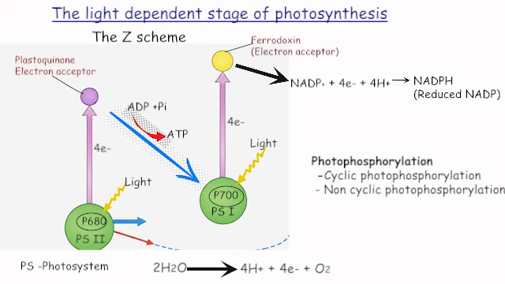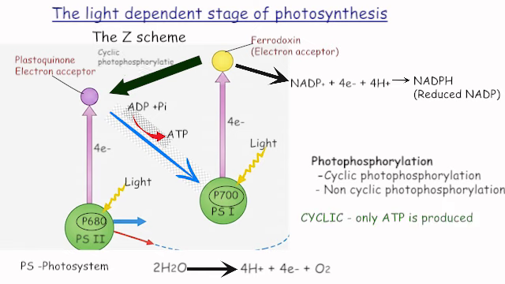Now these electrons are then recycled back to photosystem 1 via another chain of electron carriers, and what happens here is that it generates sufficient energy to combine the inorganic phosphate and ADP to form ATP, and no reduced NAD is made during cyclic photophosphorylation.